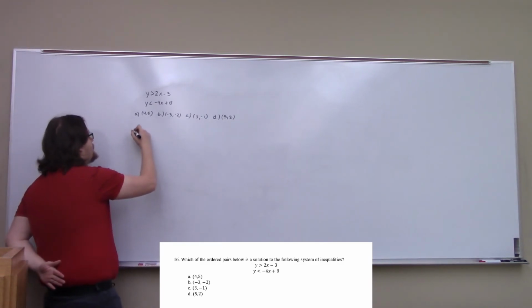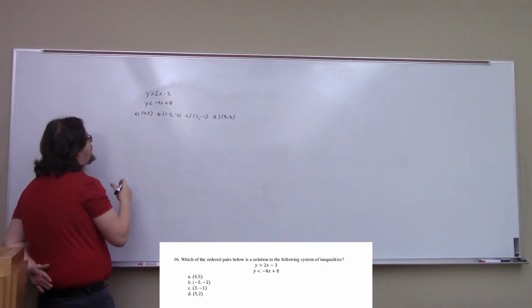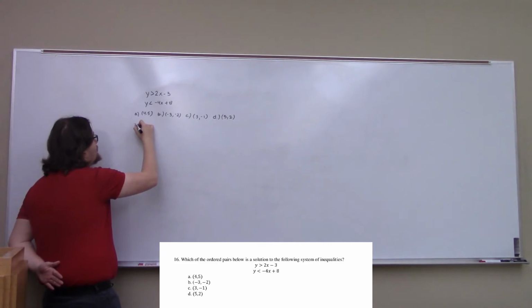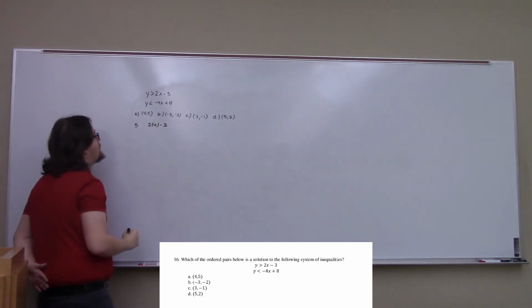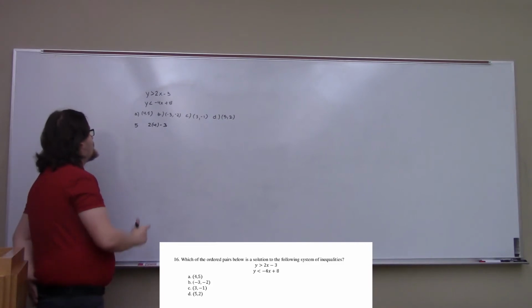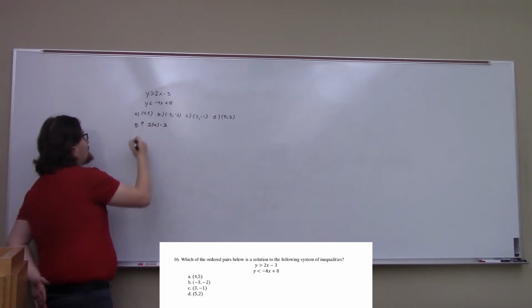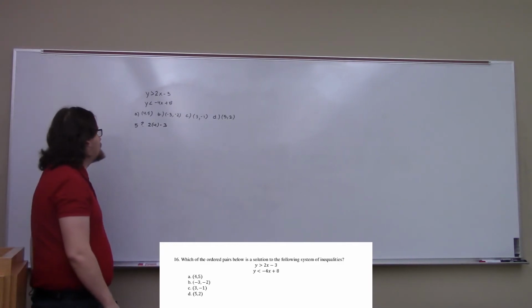So if we plug in 4 comma 5, where 5 is our y value, 4 is our x value, into our first equation, we have 5 and then 2 times 4 minus 3. And now we don't know that it's going to be greater than. So what we're going to do instead is we're going to write a question mark. We want to know how is this relation.